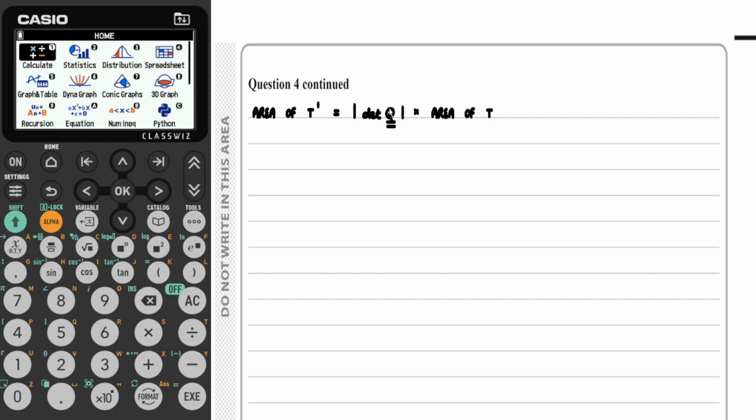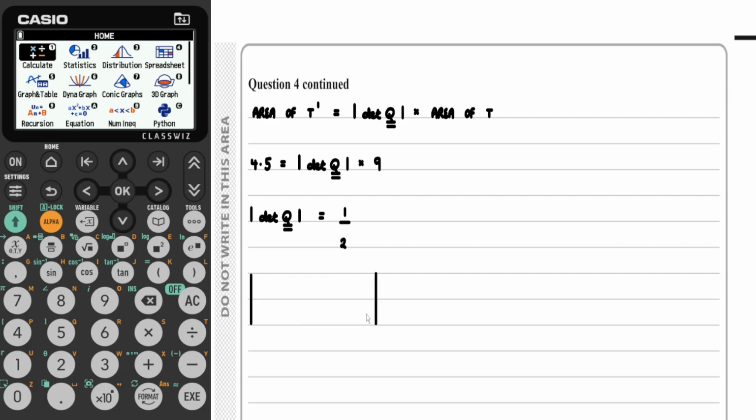The reason we have the magnitude of the determinant of Q is because we don't want any negative values. Now, we know the area of T' is 4.5, so we have 4.5 equals the magnitude of the determinant of Q multiplied by 9, which is the area of T, which we've just worked out. So we've got the magnitude of the determinant of Q equaling 1/2.